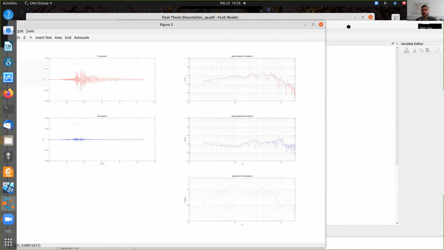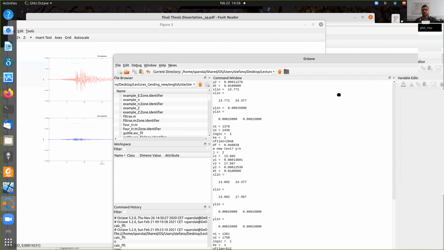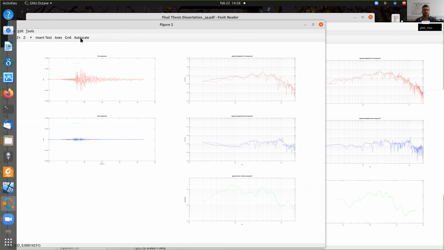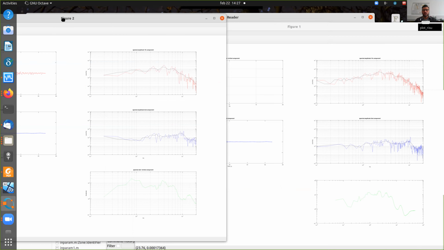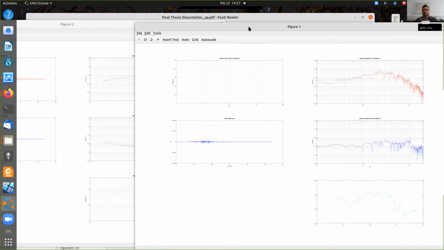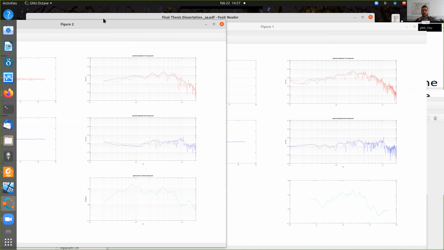And you can see that the spectrum, if we compare it, I will try to show it to you. Okay, you should be able to see it here. Okay, you see that in the right part, you can go to lower frequency.